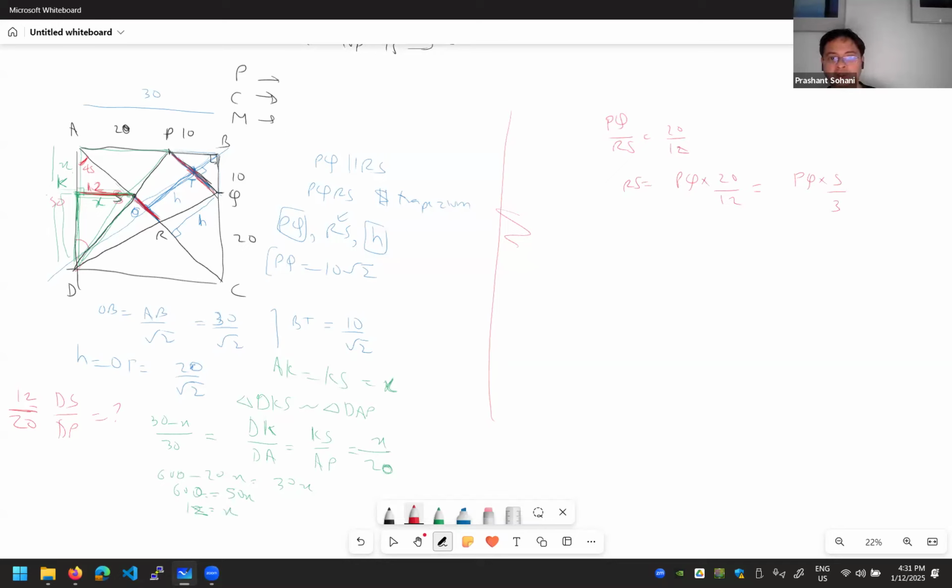So now I have all the parts, right? So I can write area of PQRS will be half into height. Height was h, 20 by root 2, into sum of the parallel sides. So PQ plus RS. So RS is PQ into 5 by 3.